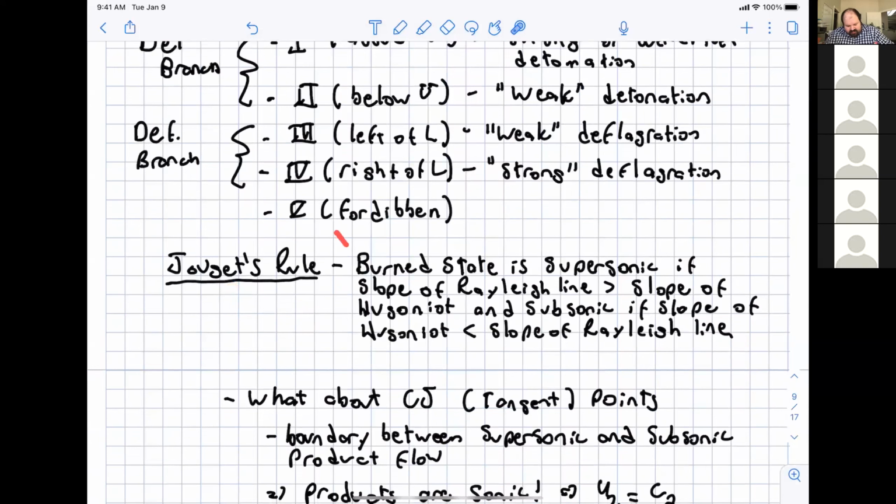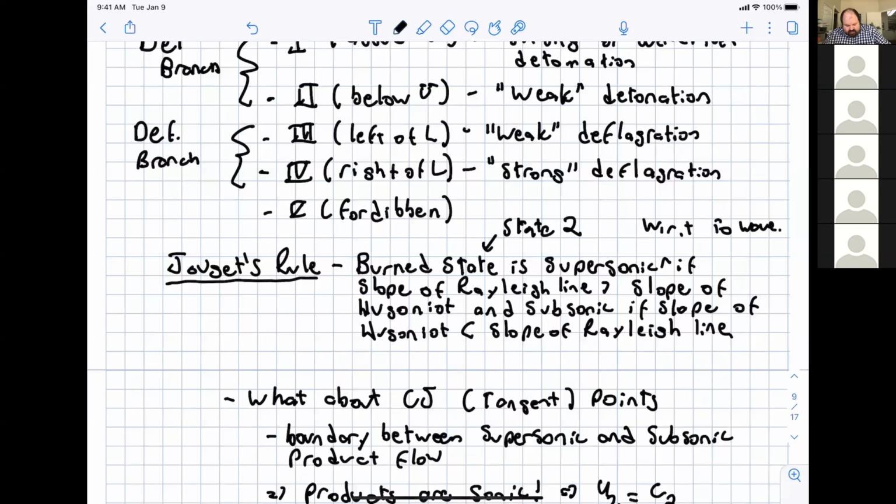But anyways, what Jouguet's rule states is that the burn state, which is state 2, is supersonic with respect to the wave if the slope of the Rayleigh line is greater than the slope of the Hugoniot.